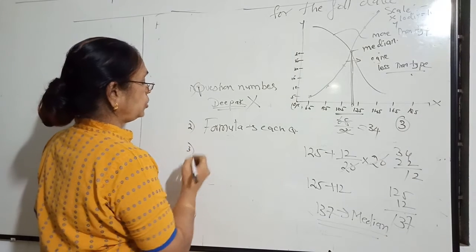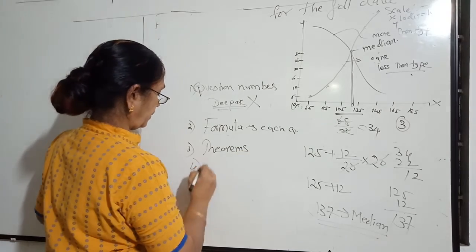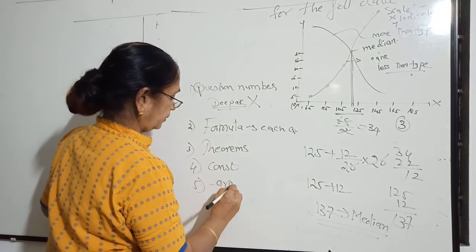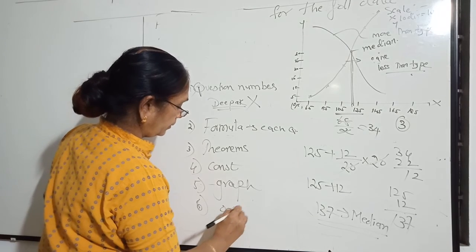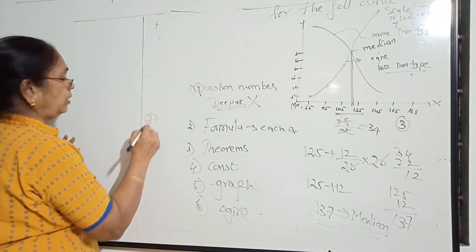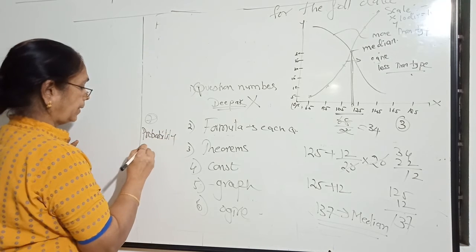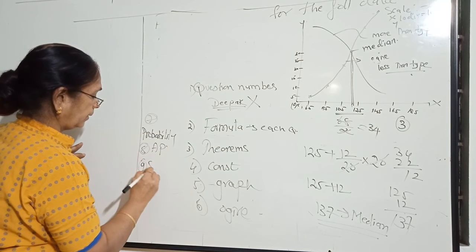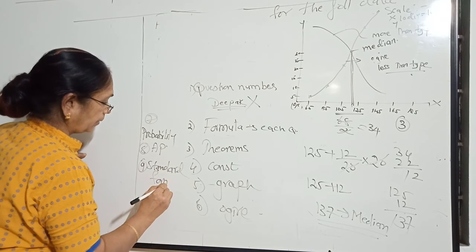And the most likely questions: theorems, constructions, graph and ogive. All these parts, and of course one question on probability, remember, and then AP, standard formula.